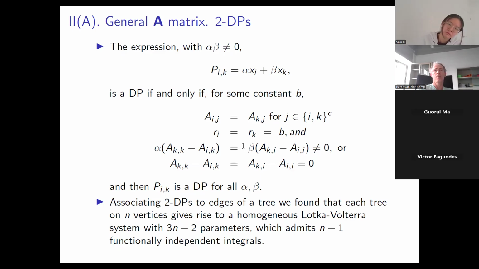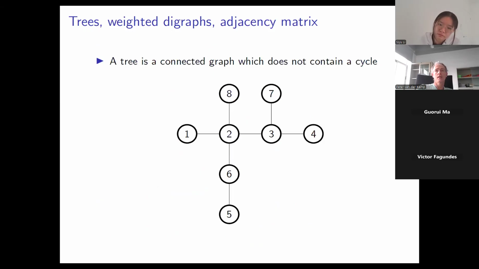And if you do that, then you can solve the matrix, all the constraints. You still have 3n-2 parameters in your matrix left. And you can then prove in the end that all these integrals that you get from these n-1 Darboux polynomials are all independent. You have a superintegrable system with enough integrals.